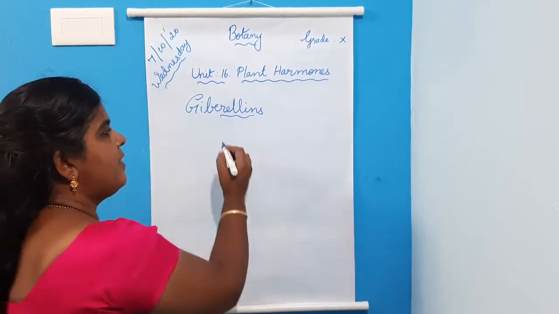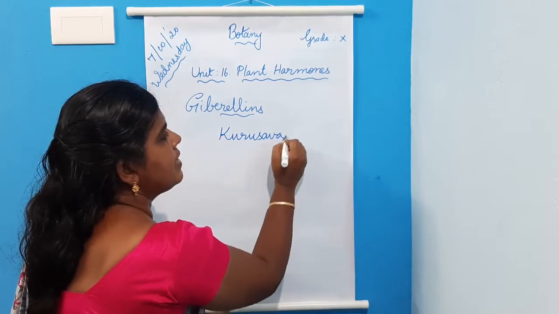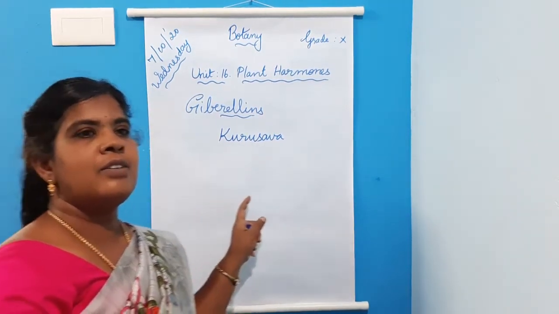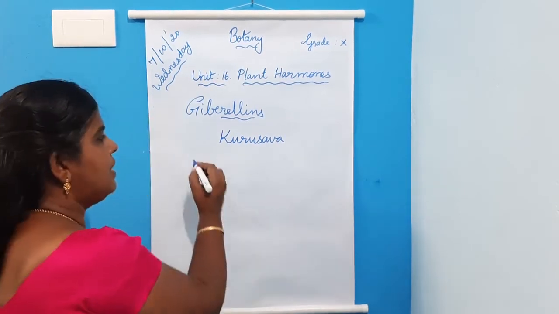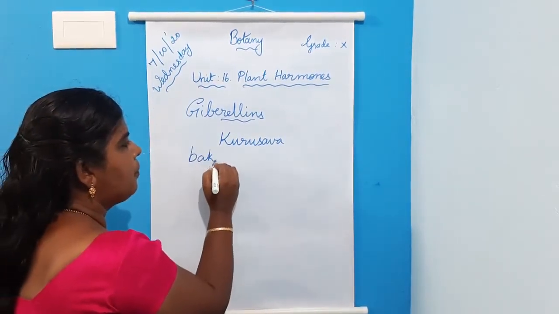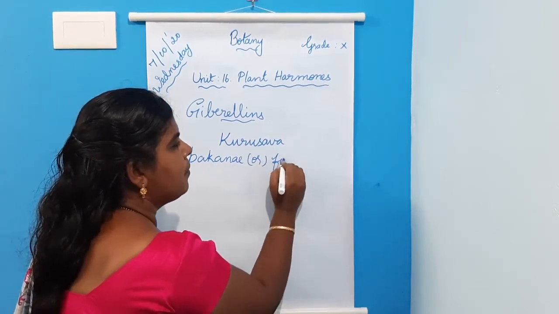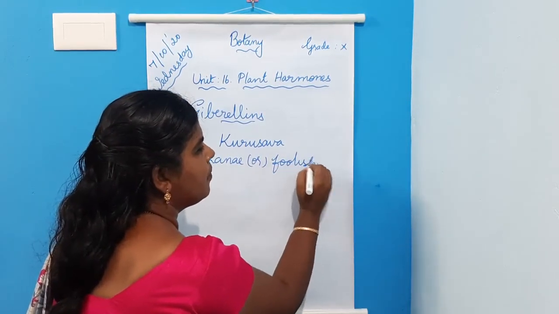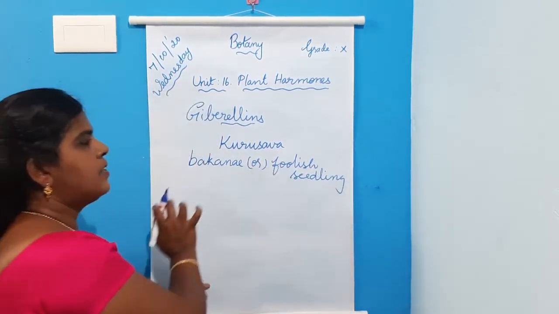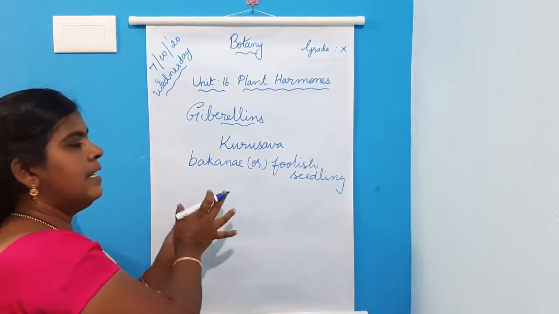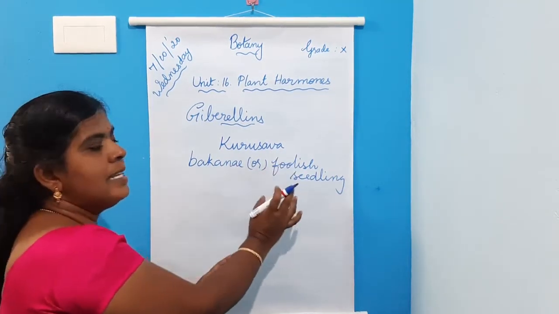Kurosawa, in 1926, first observed a disease in rice seedlings. The name of the disease is Bakanae, or foolish seedling.